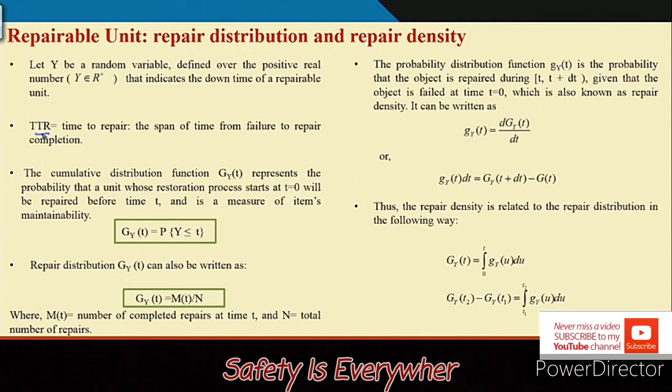So, now what we will define here, first we will define the cumulative distribution function G_Y(t), that is the cumulative distribution function of repair. So, what is our G_Y(t)? That is basically the repair distribution.